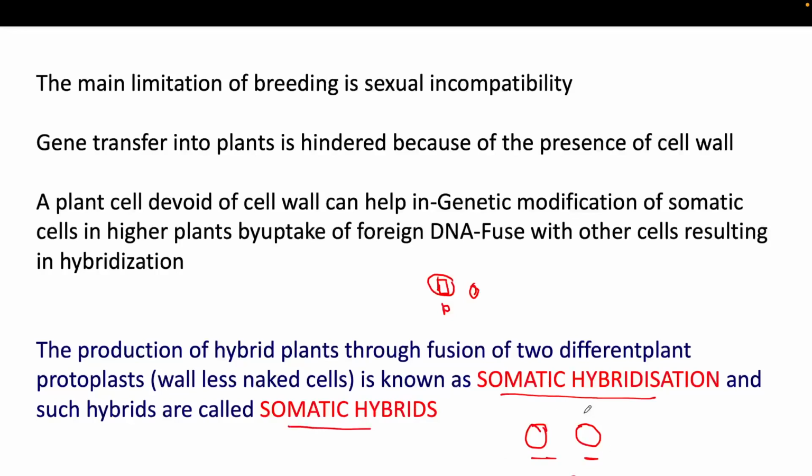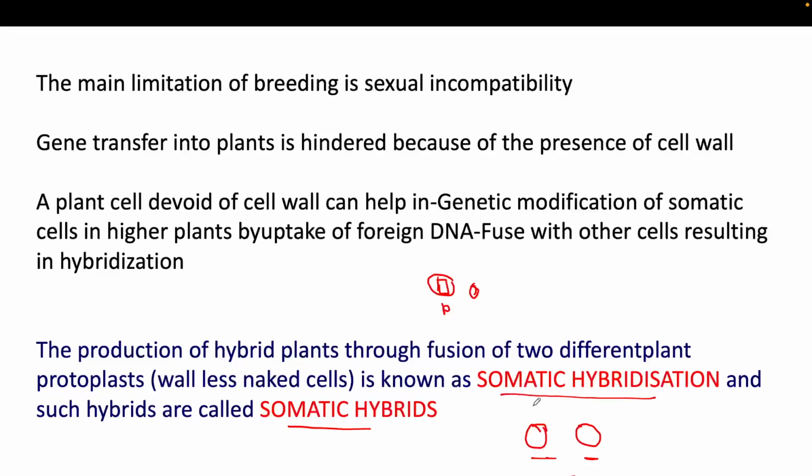This somatic hybridization is very important to produce a variety of plants in large numbers. That's why in plant tissue culture we use somatic hybridization. Somatic means not the germ cell, it is the somatic cell which makes our body, or the plant body.